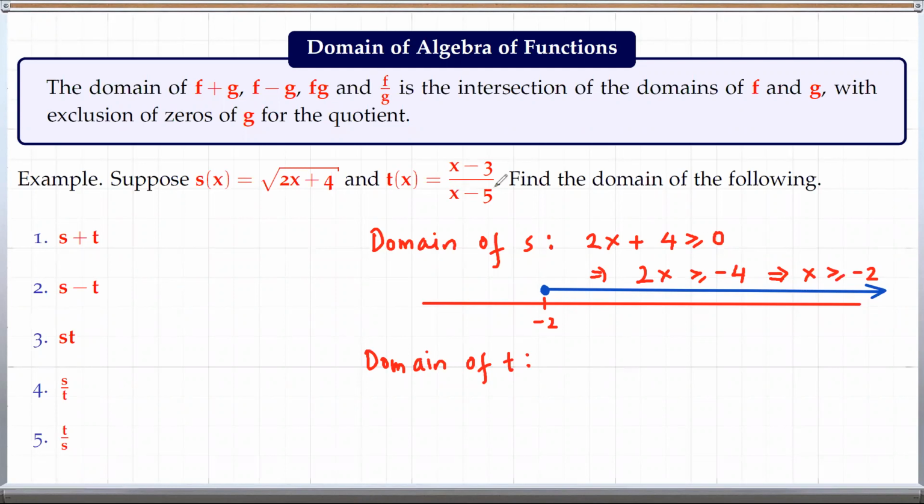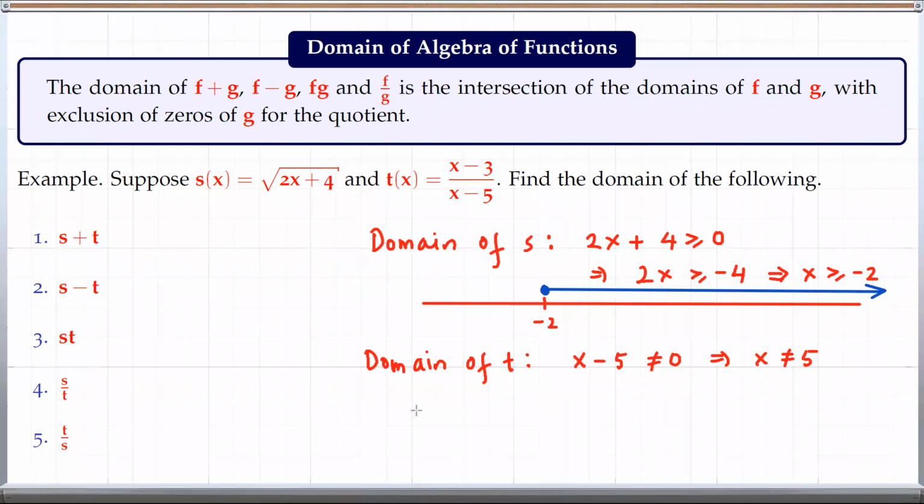Since it's a quotient, we need to make sure no value of x gives 0 in the denominator. So we need to make sure that x minus 5 is not 0, which means x is not 5, because the only way x minus 5 can be 0 is when x is 5. So we can't have x equal to 5.